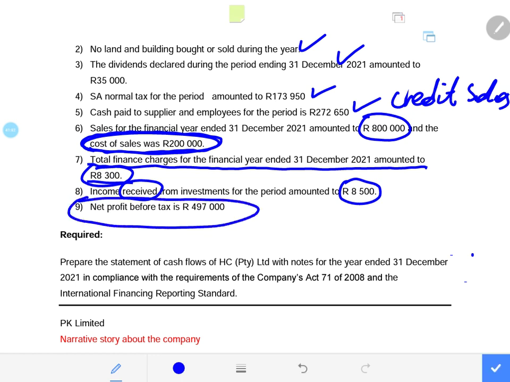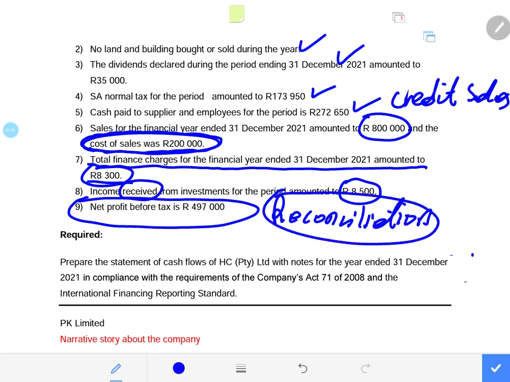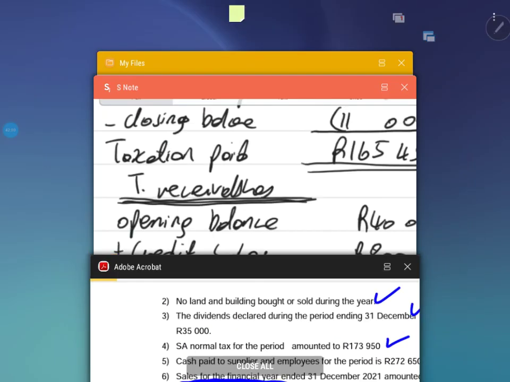Now, the net profit before tax is important for the reconciliation note. When you look at the memorandum of this question, you will see that they did a reconciliation note. And in doing the reconciliation note, they get to an amount which is the amount that comes from our cash flow from operating activities, the one that we just calculated.